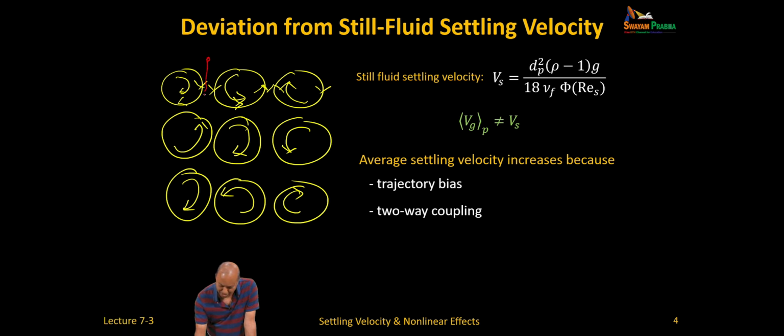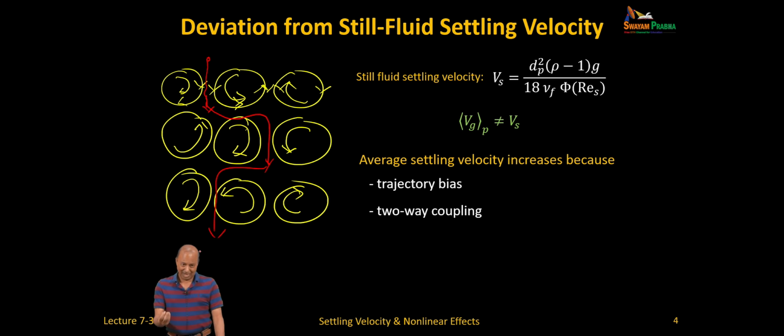He goes down this way, but here the fluid is going up, right? He becomes unstable and he sort of goes this way. Then he comes back this way. So this is called fast tracking. So I said that if the particle is in an updraft, it can be carried by the updraft.